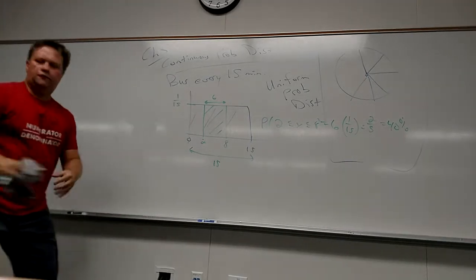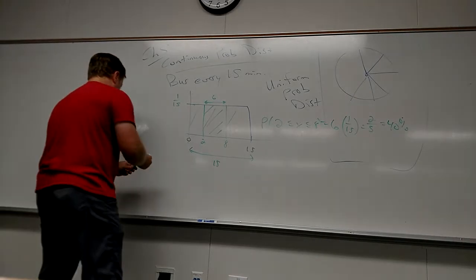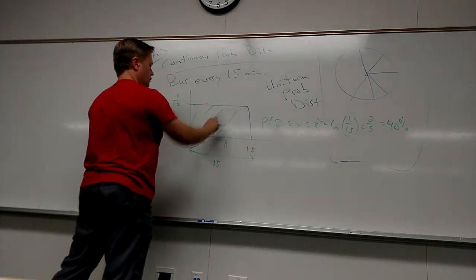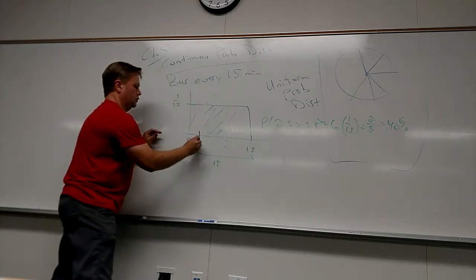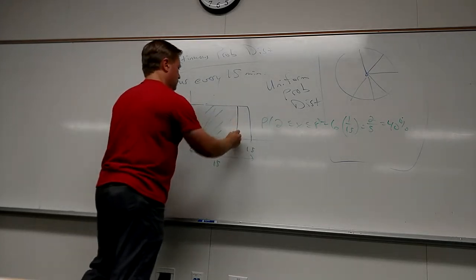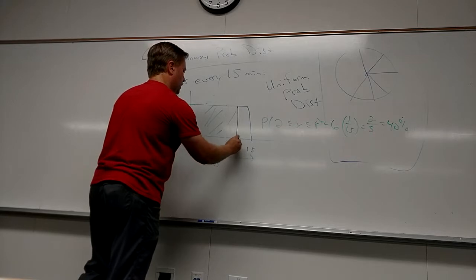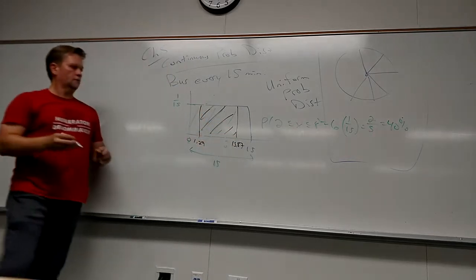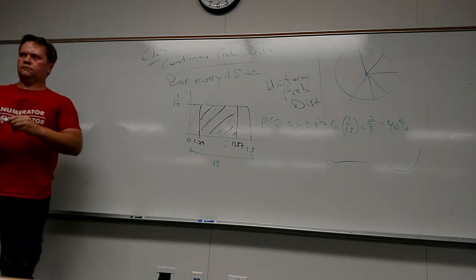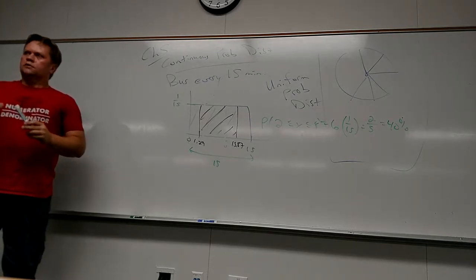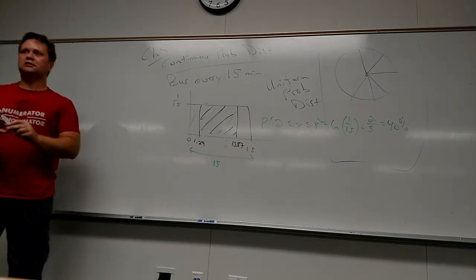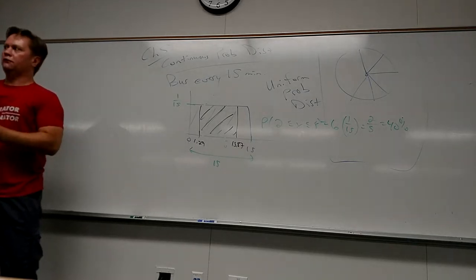Can anybody figure out, don't say it out loud, what's the probability that I have to wait between 1.29 up to 13.87 minutes? See if you really understand what's going on here. It really is just finding the area of a rectangle.